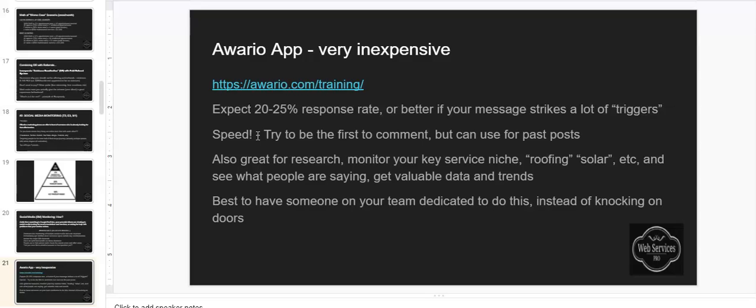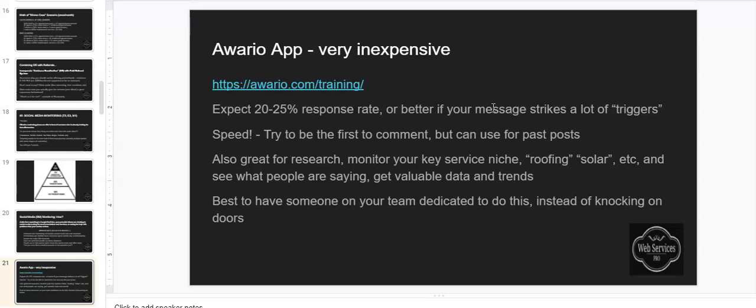Now, one thing to note is where this came from: businesses in general were using this to monitor what people were saying about their business. They would use their brand names, so if anyone on Facebook or Twitter is talking about their business brand or company name, they can monitor that and see whether people are talking negatively or positively about it.